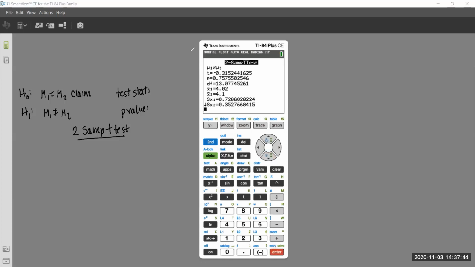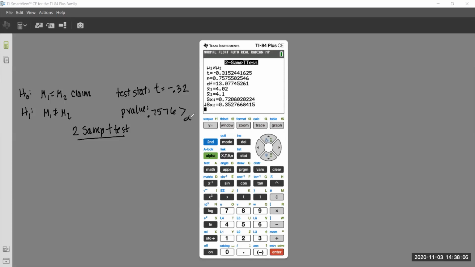And we can see our test statistic is t equals -0.32. And you could go out more places if you want. And our p-value is 0.7576, which is pretty large for a p-value. It is greater than any alpha we would have.